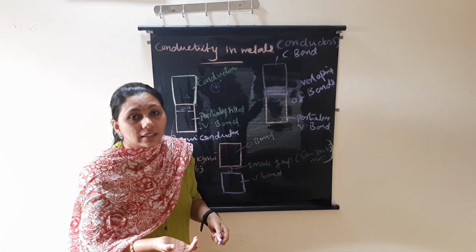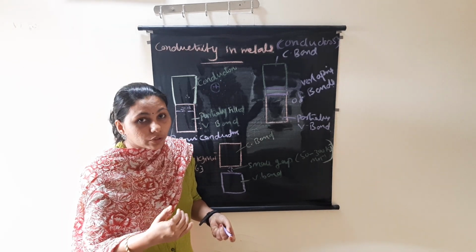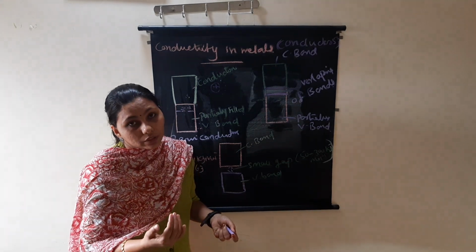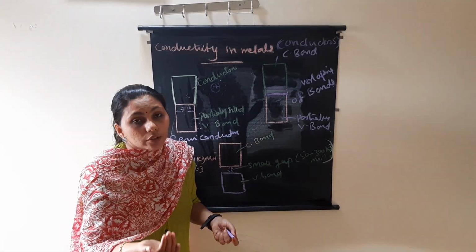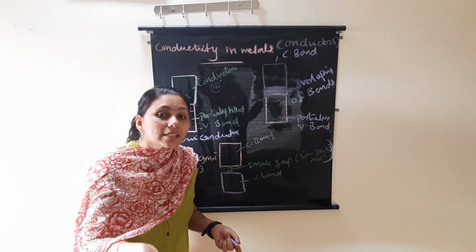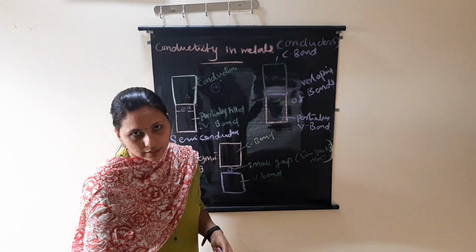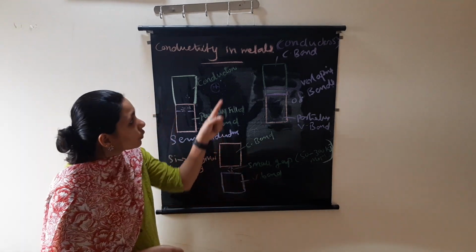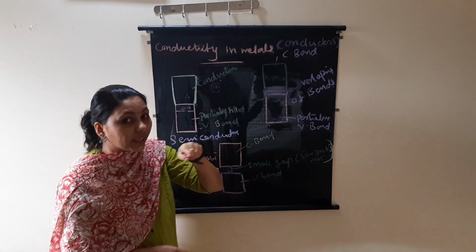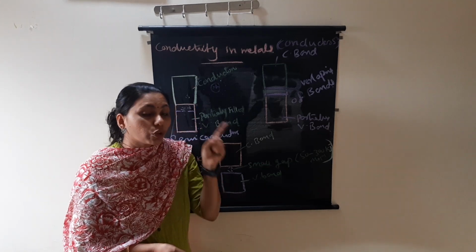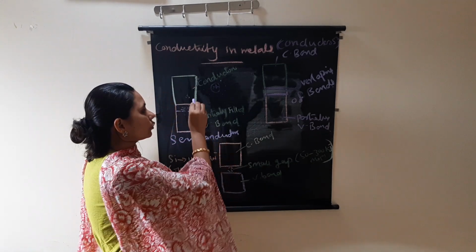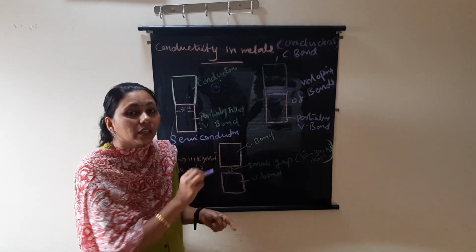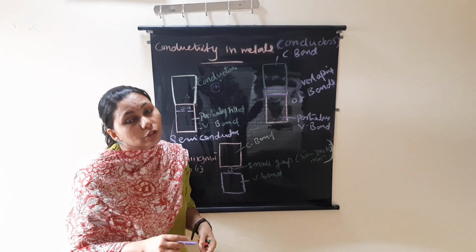When the temperature increases, the vibration of the kernels increases, which prevents the free flow of electrons, so resistance increases and conductivity decreases. They will ask you to explain the conductivity in conductors or metals based on band theory, so you have to draw these diagrams and explain this much. Next is the conductivity in semiconductors based on band theory.